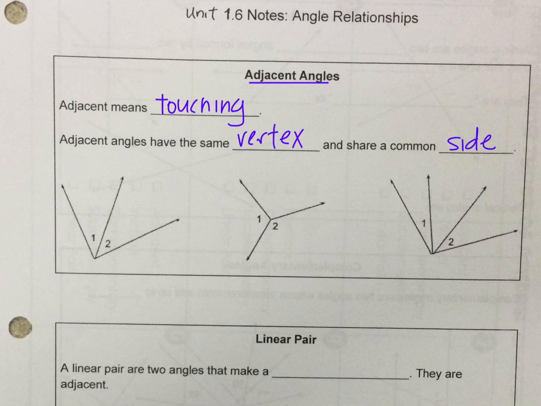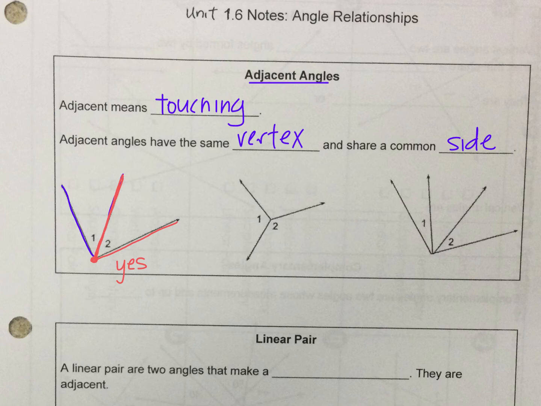So when I look down here at the first picture, I have angle 1 and I have angle 2. Well, they share a vertex right here, and that purple and red side are the same one. So these guys are touching, so yes, these are adjacent angles.